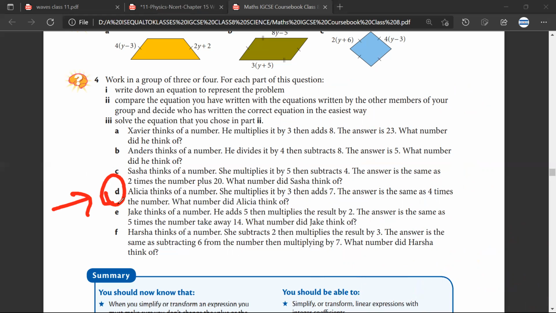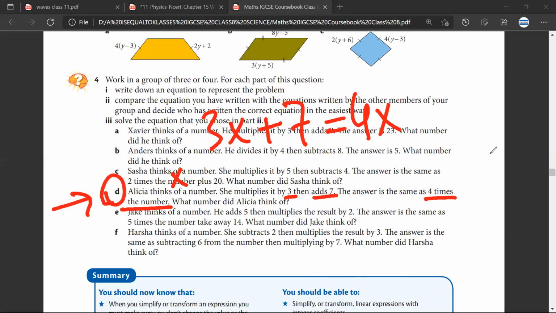So Sarthak, next. So a number is x. So 3x plus 7 equals 4x. So just a second. Yes, sir.